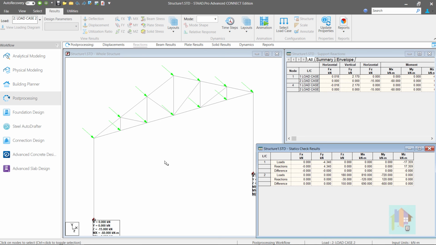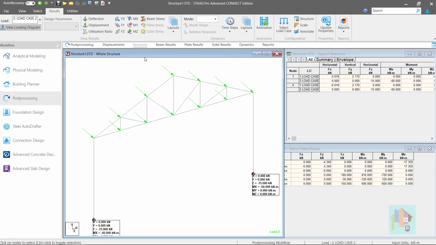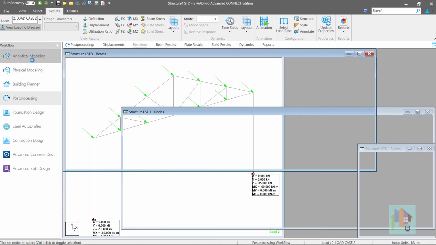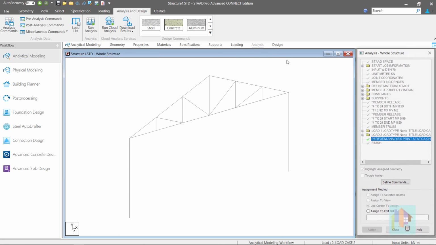This is a serious issue as the total applied load is not considered in the support reaction and we need to rectify this model so that all the loads are considered and transferred to the support. Also, we can check the same information from the output file.